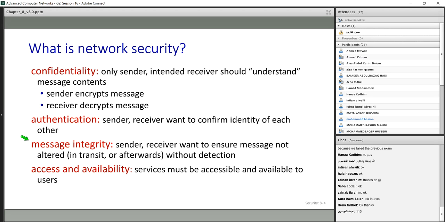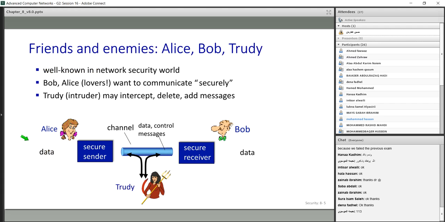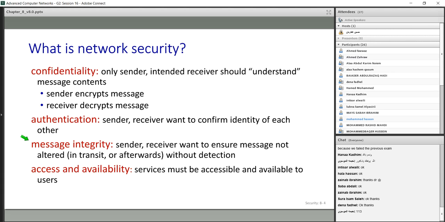But if you look at different books in computer networks or computer security topics, you can find different other principles around network security. But in this book, we only talk about these four basic principles. Okay.